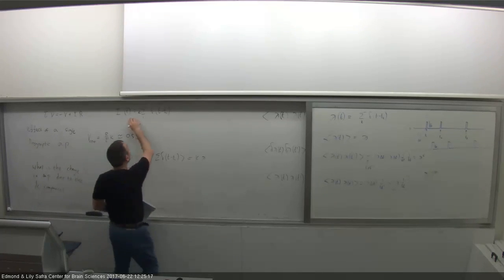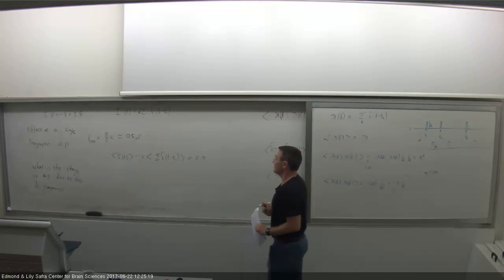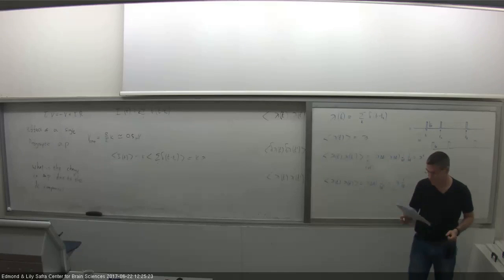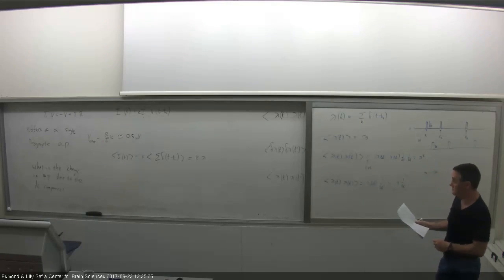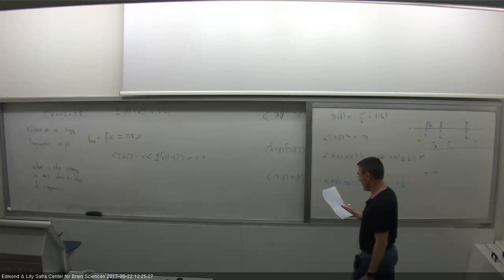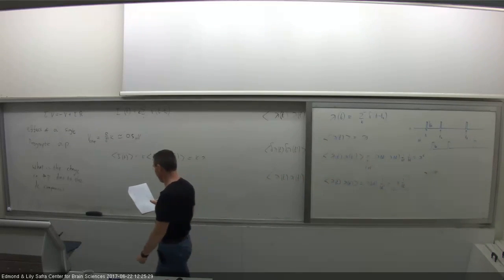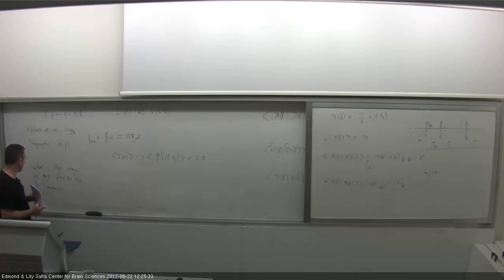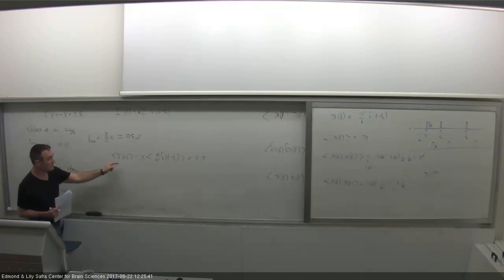So let's say that we replace the input to the neuron with its average. What would be the change? So what I wrote is a question. What is the change in the membrane potential due to the DC component, due to this term?